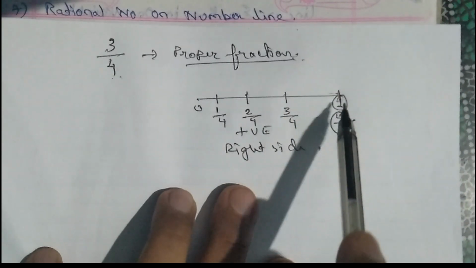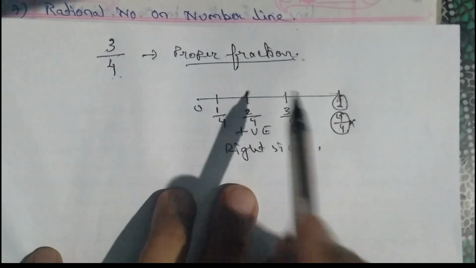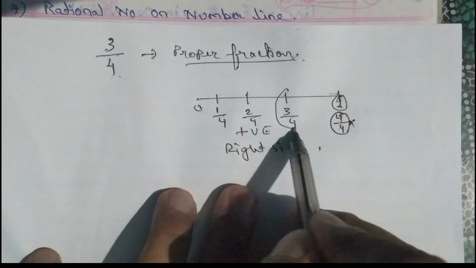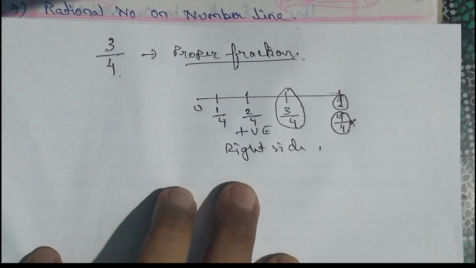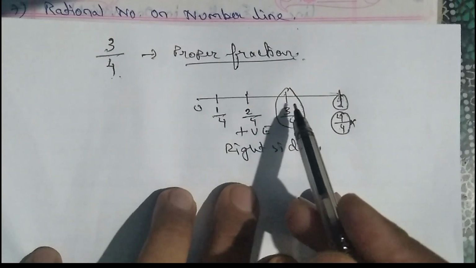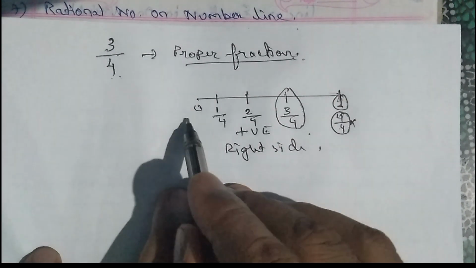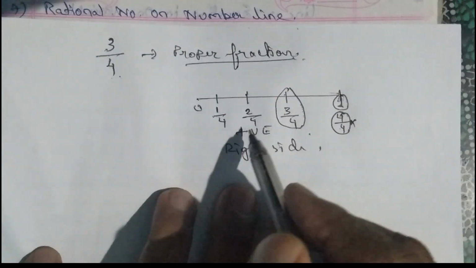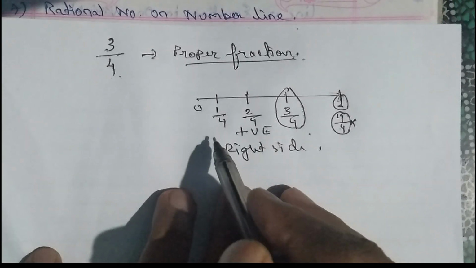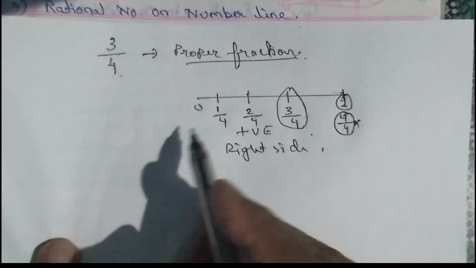We don't write 4 upon 4 because 4 upon 4 itself is 1. We can get our rational number over here. See, this is the rational number that is to be plotted on our number line. So in this way, this is just an example. We will see a few more examples afterwards while solving the exercise.